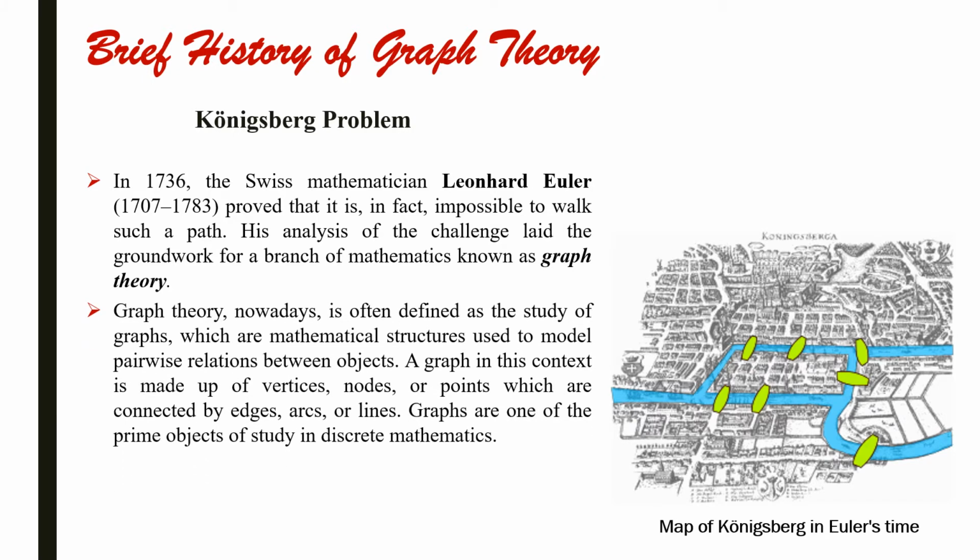Graph theory nowadays is often defined as the study of graphs, which are mathematical structures used to model pairwise relations between objects. A graph in this context is made up of vertices, or nodes, or points, which are connected by edges, arcs, or lines. Graphs are one of the prime objects of study in discrete mathematics.